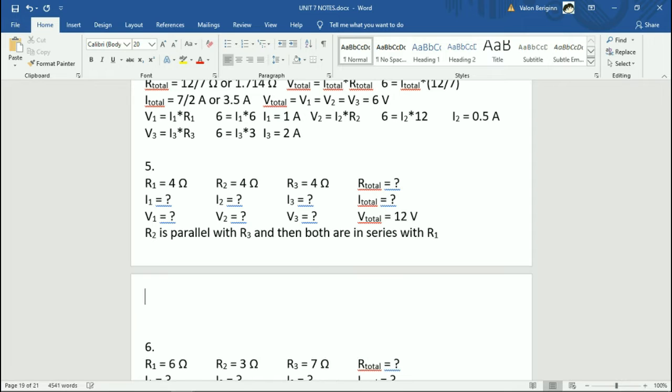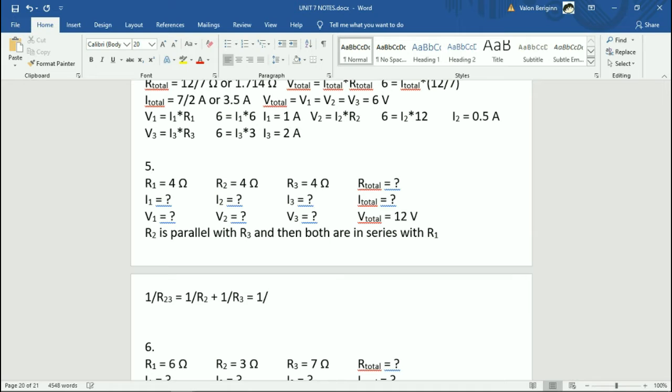Okay, so this will help us figure out the total. So these two are in parallel with each other. Therefore, we can solve for that parallel piece. So 1 over R23, basically the total for just 2 and 3 put together, is going to be 1 over 4 plus 1 over 4.